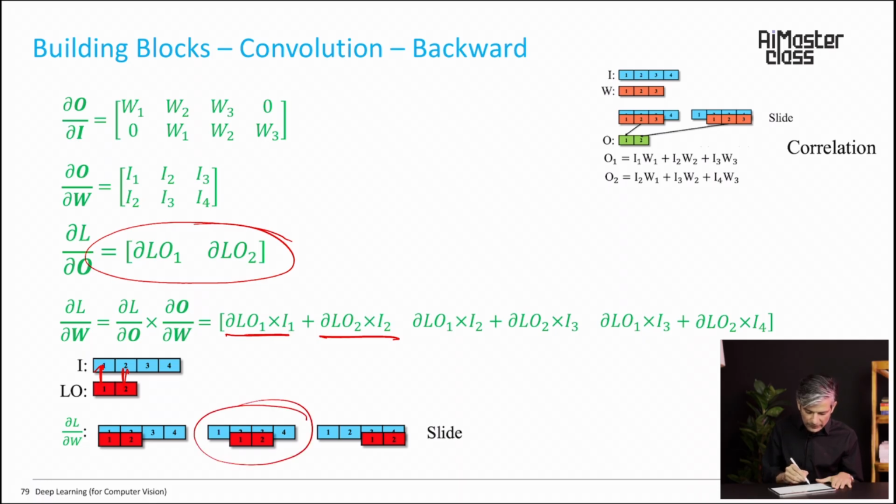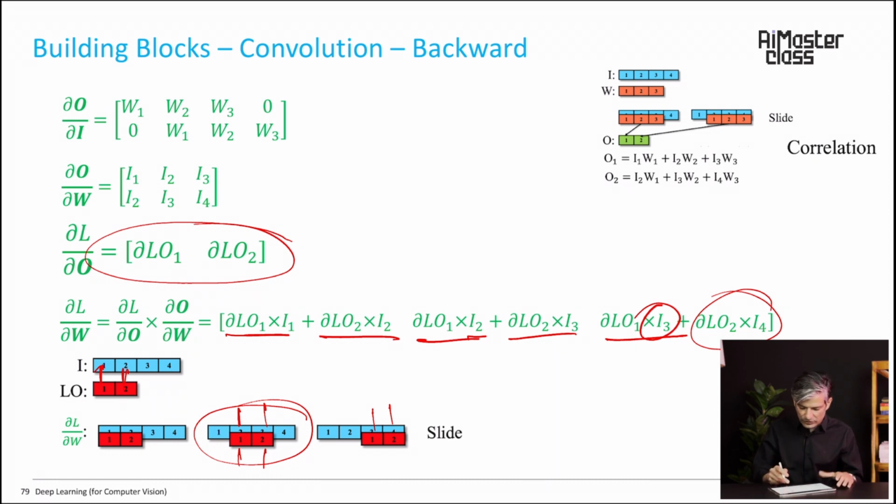Then we move it here, so what do we get? I2 dou L/dou O1 and I3 dou L/dou O2. And similarly the last time when we do this operation, we get dou L/dou O1 I3 and dou L/dou O2 I4.